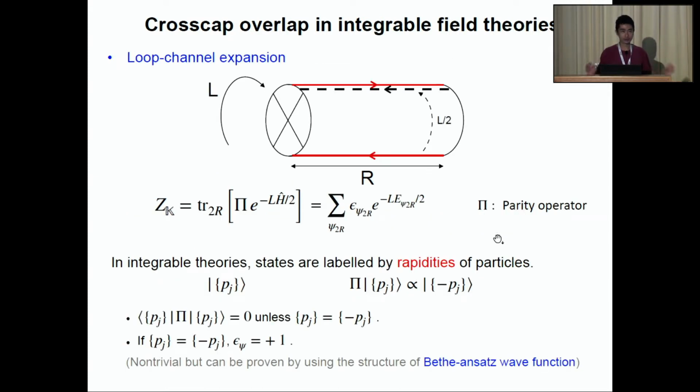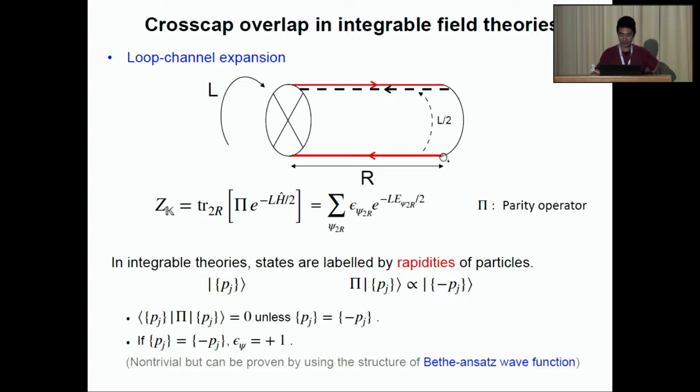So let's go to the other expansion. This is more interesting and complicated, and is called the loop channel expansion. In the loop channel, I want to view L as time. But because of the crosscap states, it's a little more complicated than the boundary case. Let's look at a constant time slice, which I denoted by the red line.